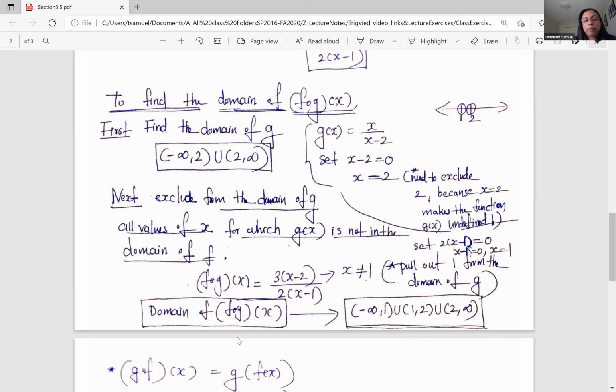So the domain of f of g of x equals negative infinity to 1 union 1 to 2 union 2 to infinity. You can see that all these numbers are parentheses because these numbers are not included in the domain of f of g of x.